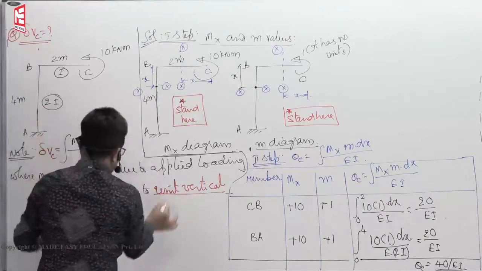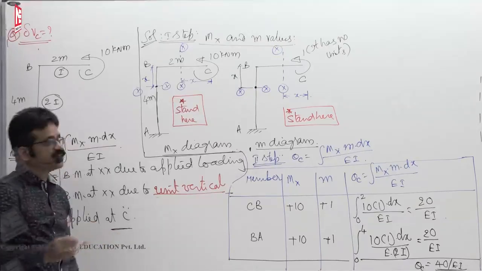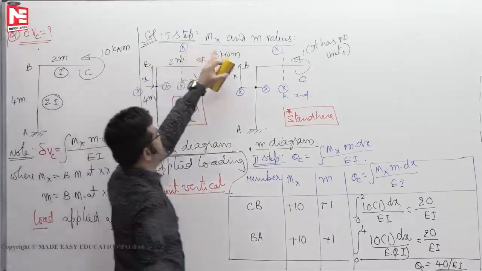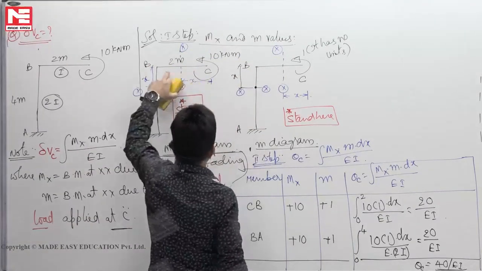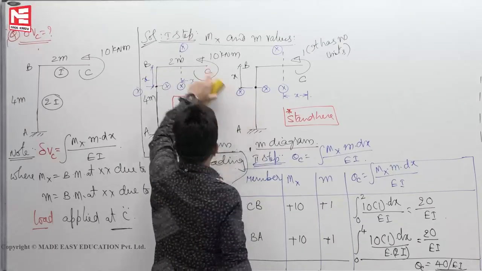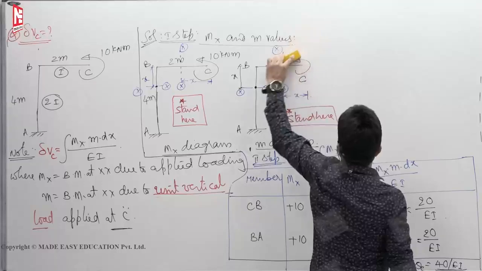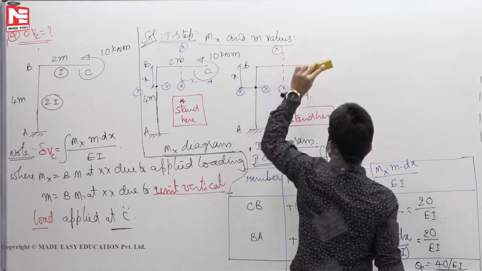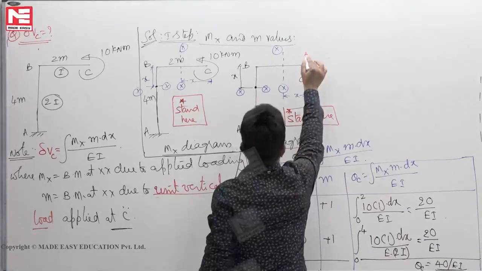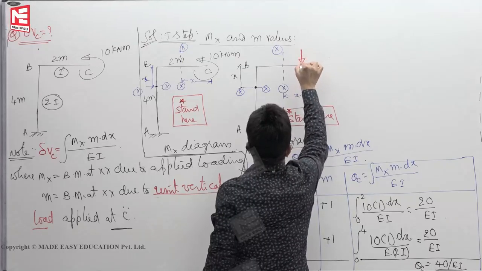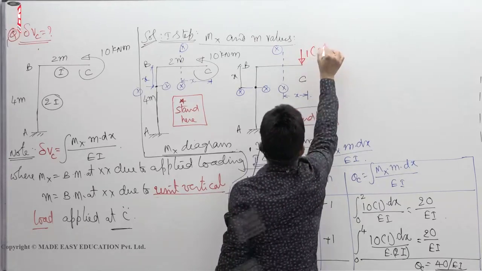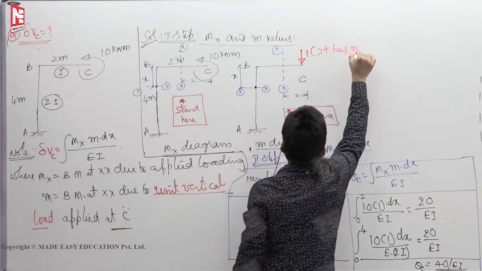Now this is your scope of the work. Let us come to first step. Mx and m values. Mx diagram, this one. Mx same, but m value you have to change. Now you have to apply unit vertical load like this. 1. This one has no units.